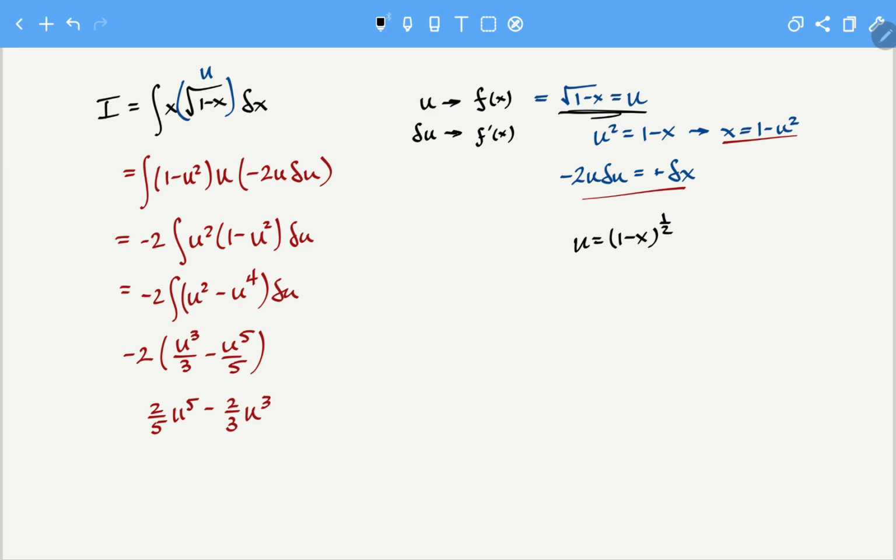I don't like the square root symbol; I like to leave it as powers. So when we do that, we get 2/5 times the quantity 1 minus x to the 5/2 minus 2/3 times the quantity 1 minus x to the 3/2.